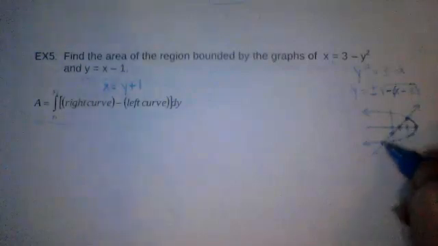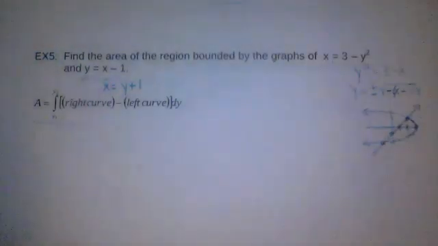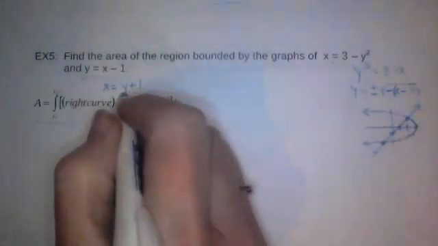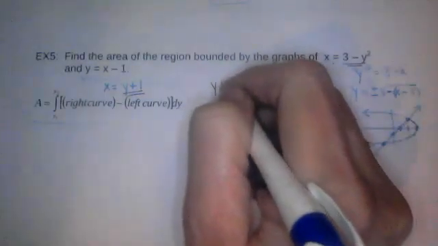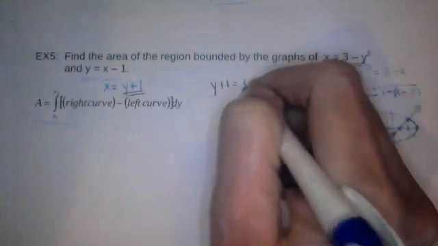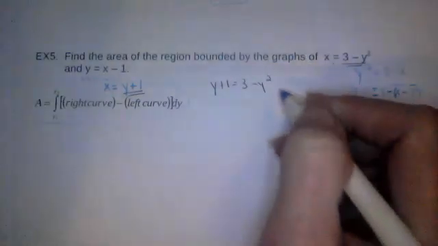So we do need to know where these intersect. And to find the intersection, we can set these functions equal to each other. Sorry, I had to switch out my pen here. All right, so I'm going to set this equal to this. So y plus 1 equals 3 minus y squared.